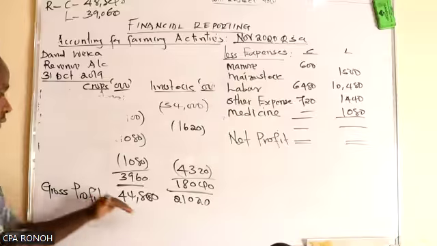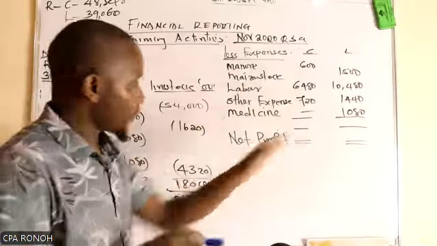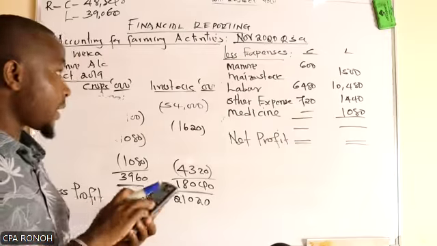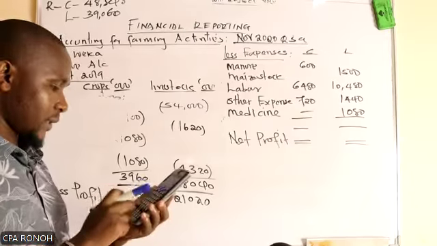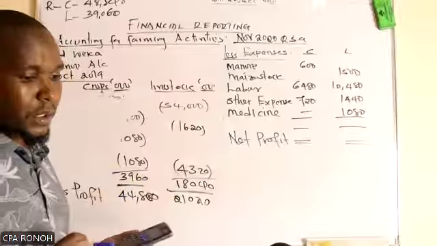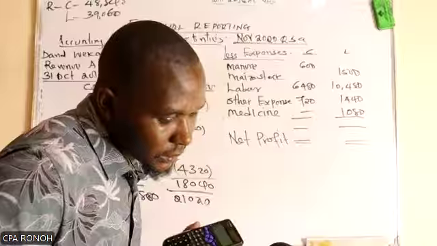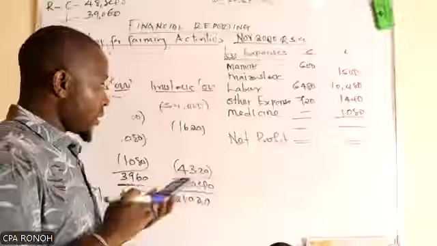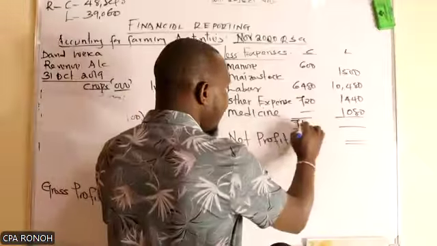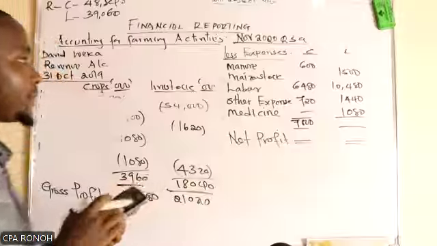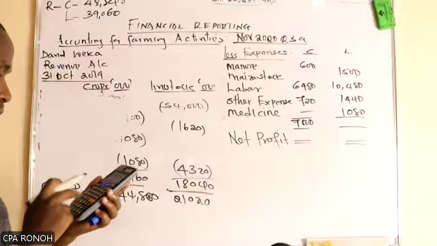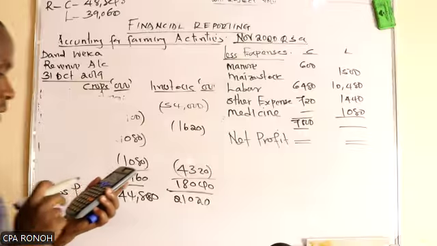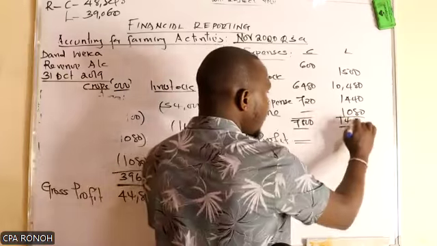So take the gross profit minus expenses. So we got 44,880, or let's get the total expense, 600 plus 6,480 plus 720. Depreciation, what was it for? Okay, it will not affect the revenue account. So I'm getting 7,800 as the total expenses for the crops. And on the other side is 14,500.